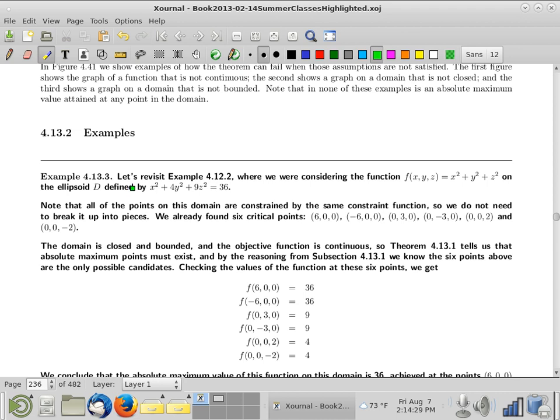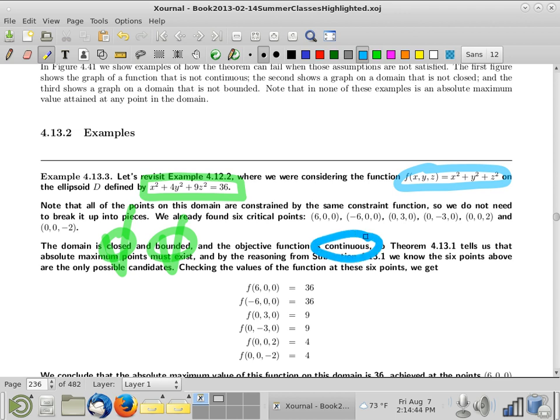With our new theorem, we take advantage of the fact that this ellipsoid is closed and bounded, and our objective function is continuous.